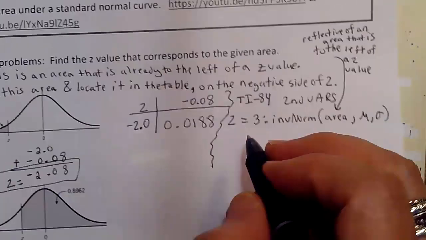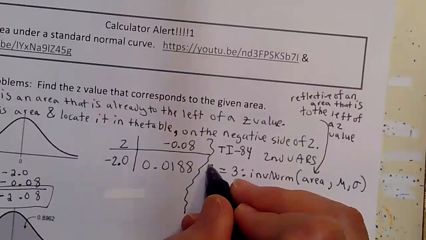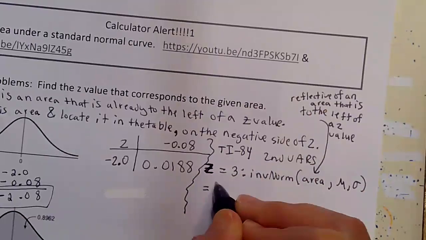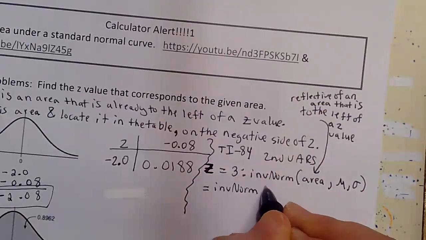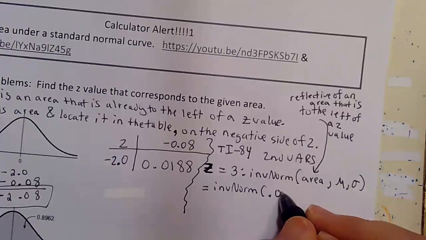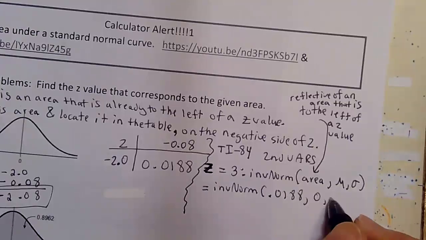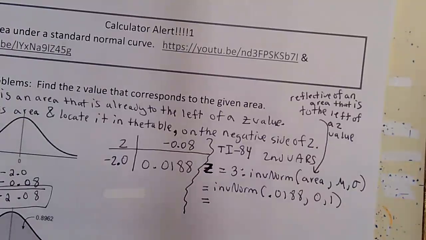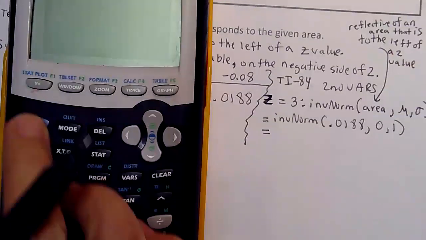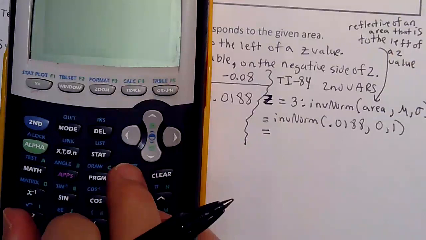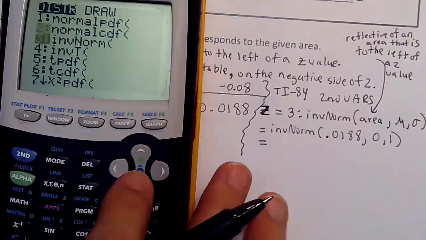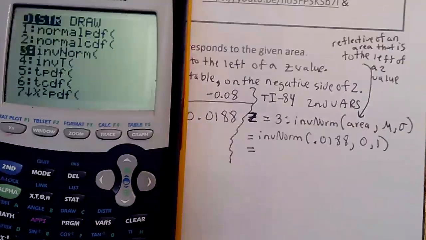So now you do your substitutions. So this is z equals inverse norm, and area is 0.0188. Mu is 0 and sigma is 1. So you do second vars, and then you want number 3, not number 2 like we were doing earlier, but number 3.